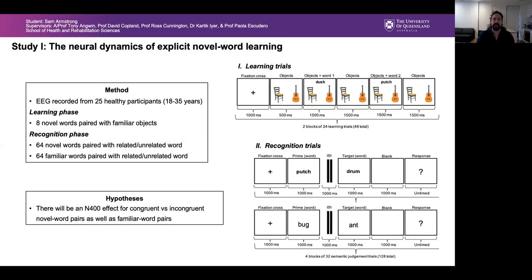Similar to the analysis of the explicit learning task, we will calculate N400 ERPs from EEG data recorded during each recognition phase. What we expect to see here are distinct N400 patterns, with effects being observed for correctly recognized congruent and incongruent word pairs in both novel and familiar word conditions.